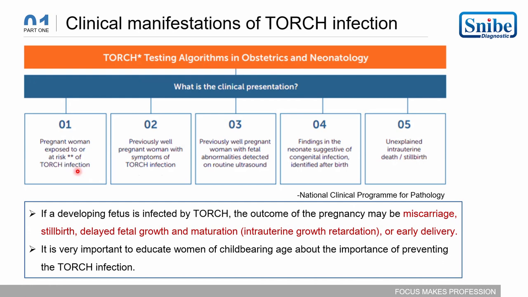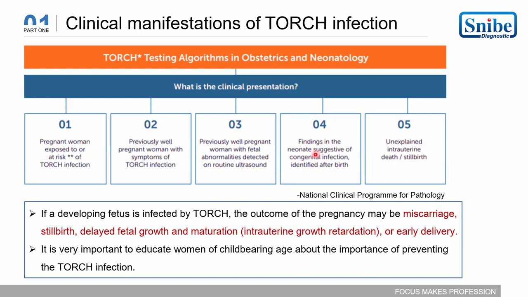The second is a previously well pregnant woman with symptoms or a history of TORCH infection. They can go for the screening test. Also, previously well pregnant women with fetal abnormalities detected on routine ultrasound come under the clinical utilization of this TORCH profile.